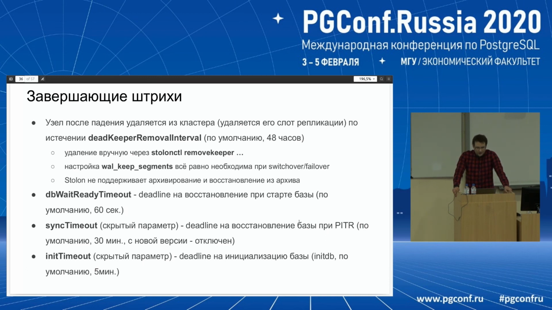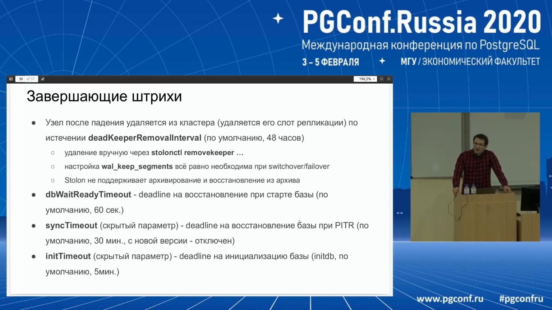And if the node doesn't respond, the replication slot will be deleted, and the entries will be deleted too. Also, you can delete a node manually just to avoid wasting your time, but you have to understand that if you keep a replication slot on master and the replica is not active, master will accumulate data and the data will not rotate. 48 hours is just too large an interval for a high-load database.